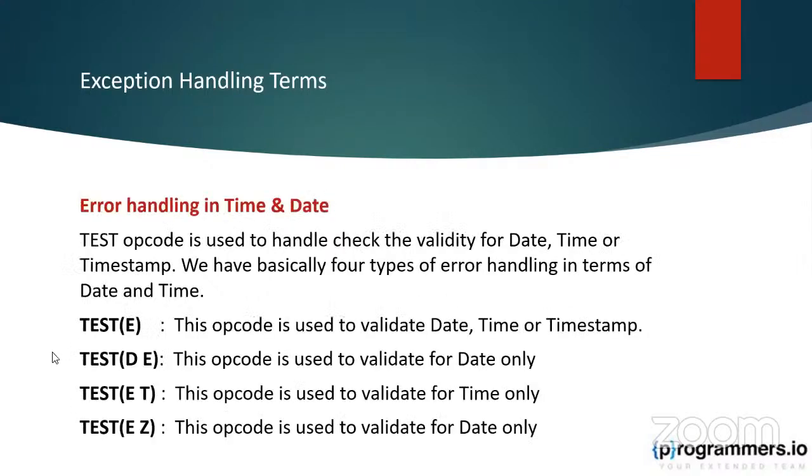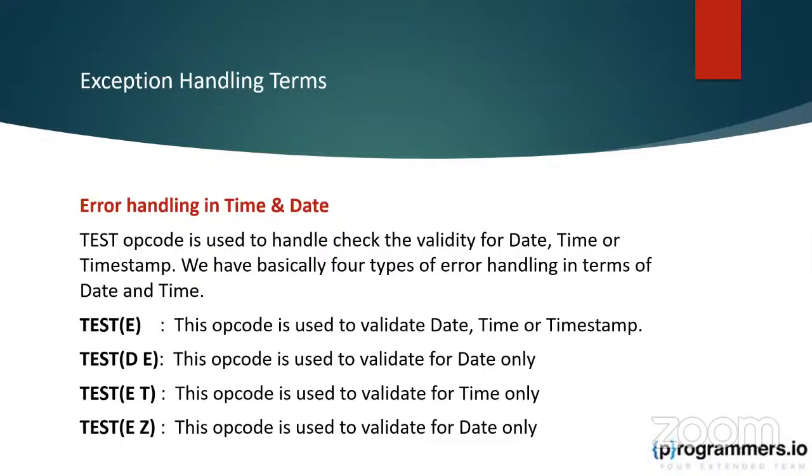And also we can handle time and date related errors in AS/400. If we want to validate the date, or check the format of the date and time, we can handle these kinds of errors. For this we use the TEST opcode.